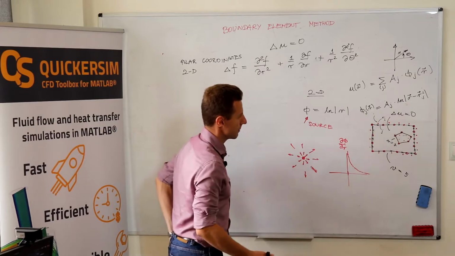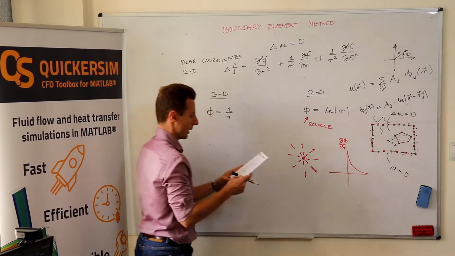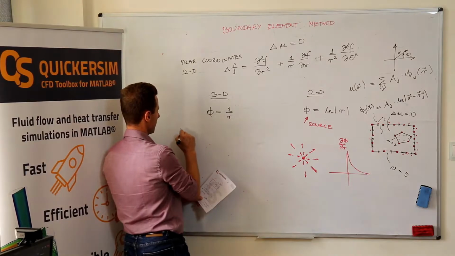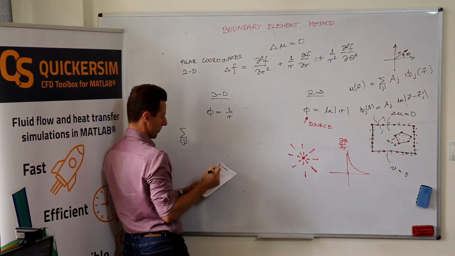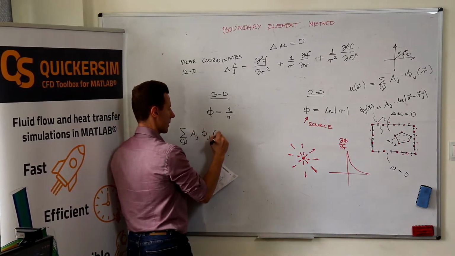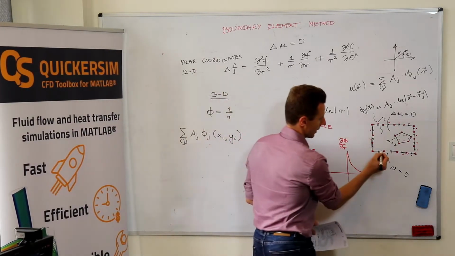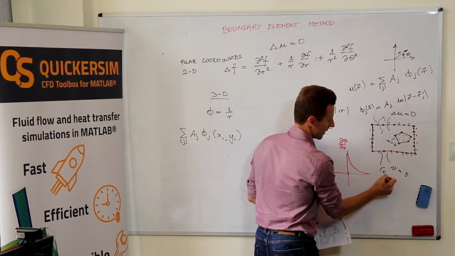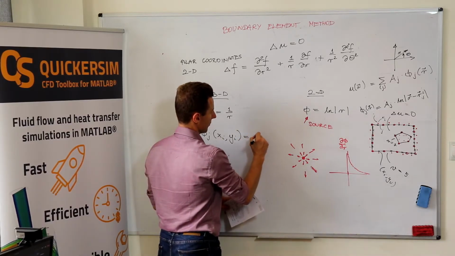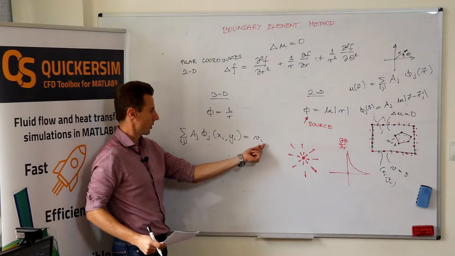Well, okay, what's the simplest choice? The simplest choice is to write the equations this way: if you sum contributions from all the sources at some location I, let's say this one is x_i, y_i, then it needs to give the Dirichlet value at this particular point.